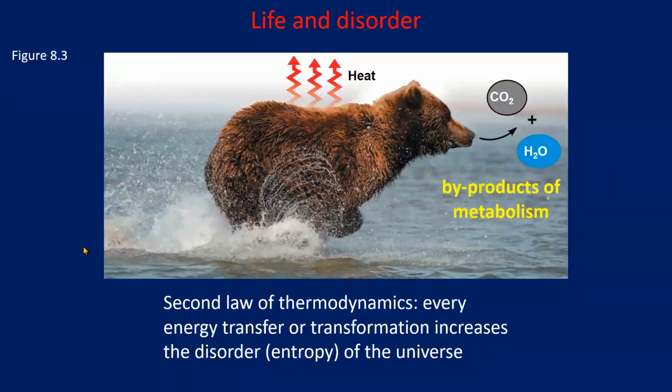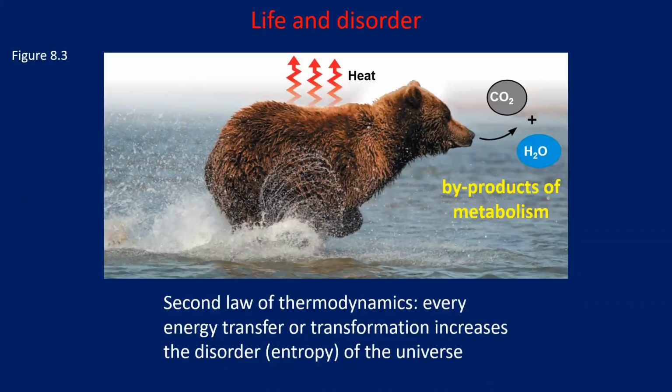Then here we can see breathing, having some activity. So basically in this picture, this bear is running, and with this running, many things are happening inside the body, and it is radiating some heat, also breathing out carbon dioxide, and while having the metabolic activities, it is producing some water also.